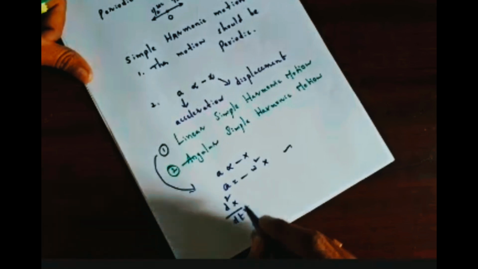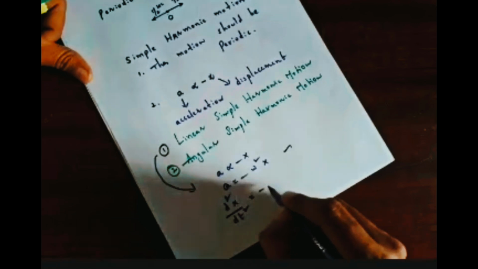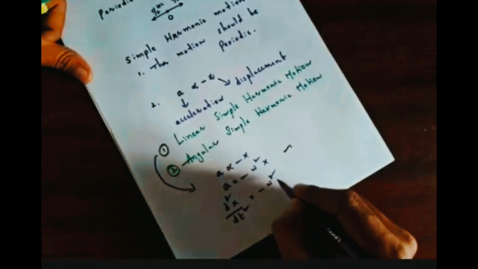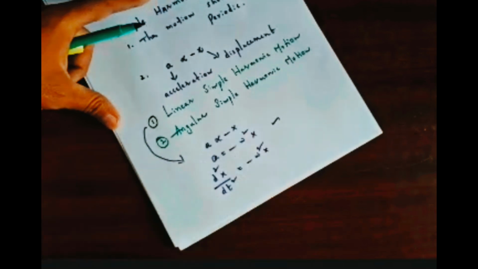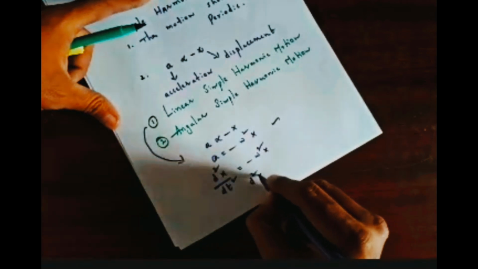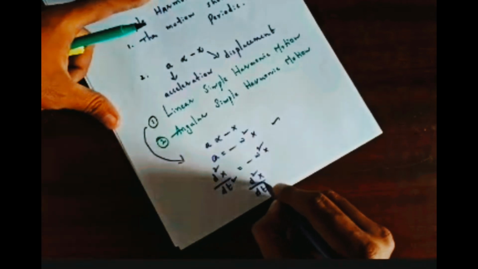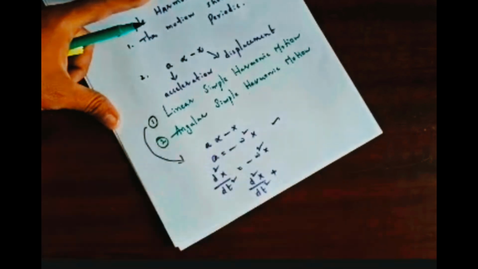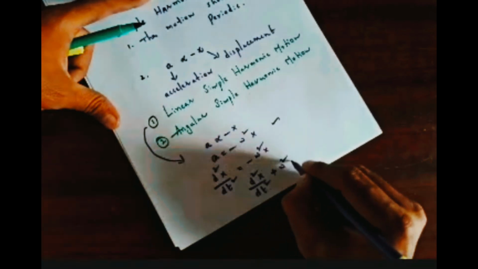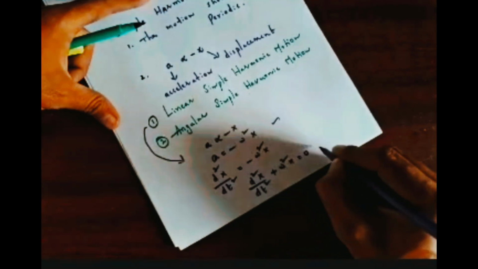Okay, d square x by dt square is equal to minus omega square x. Now, if you take this minus omega square x to this side, it becomes d square x by dt square plus omega square x is equal to 0.